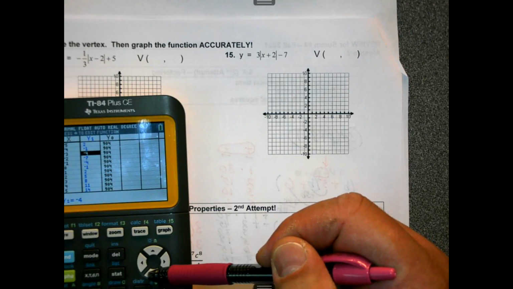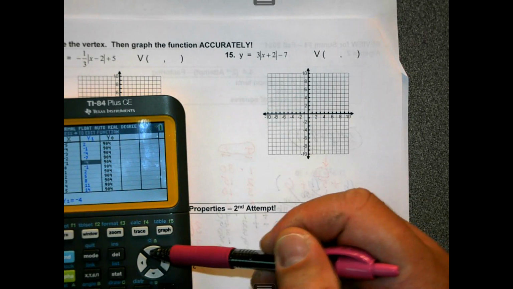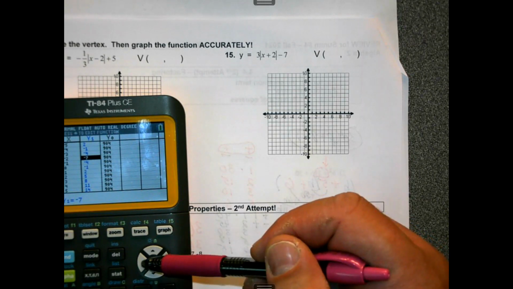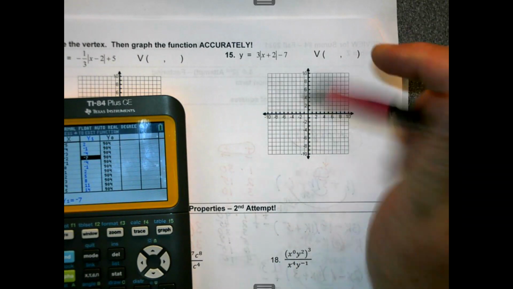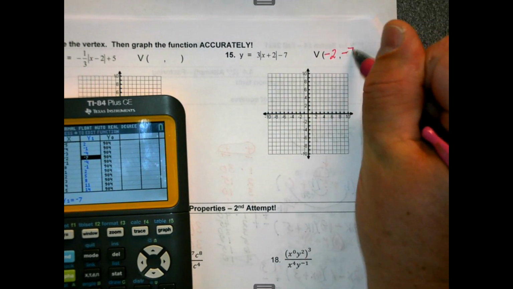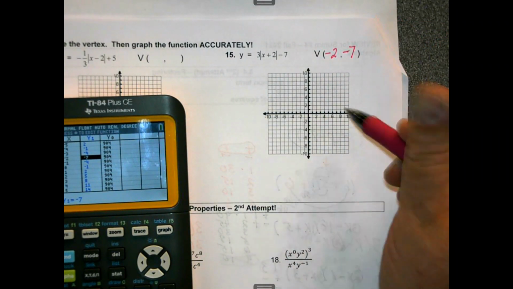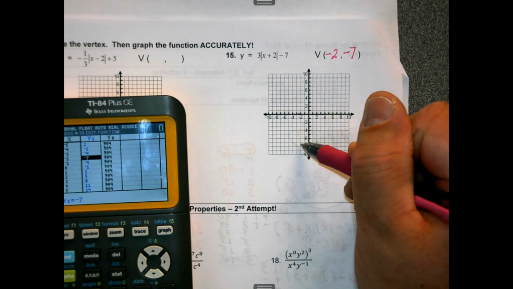So I had -1, -4, -7, -4, -1. So -4 starts to repeat, which means -2, -7 is my vertex.